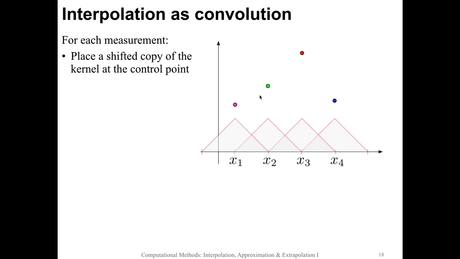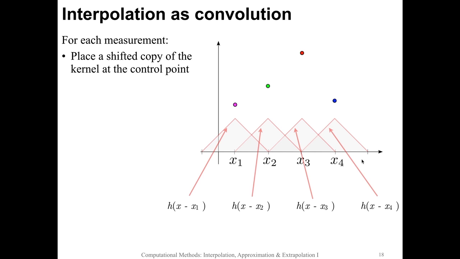So in this case we've got 4 data points given by these different colors, and what we've placed is a shifted copy of the kernel. 4 copies of the kernel are all placed along the x-axis here. And in terms of notation, this is just the notation for each shifted copy of the kernel.